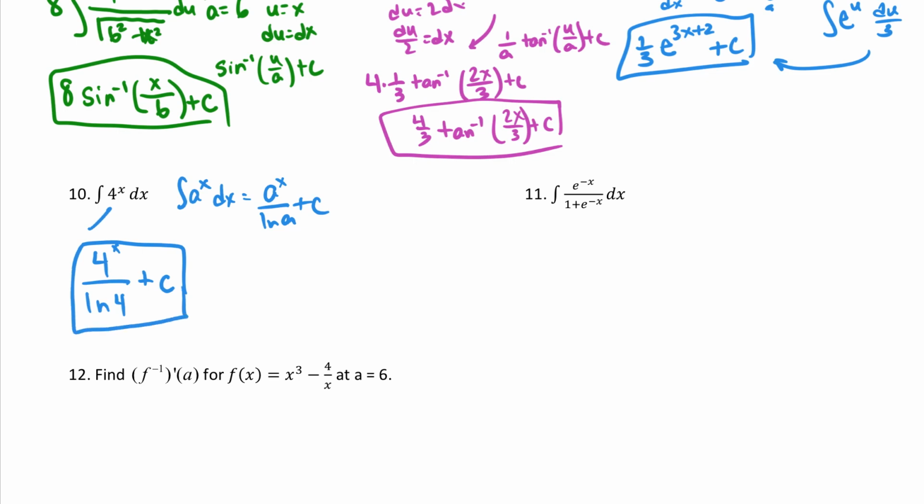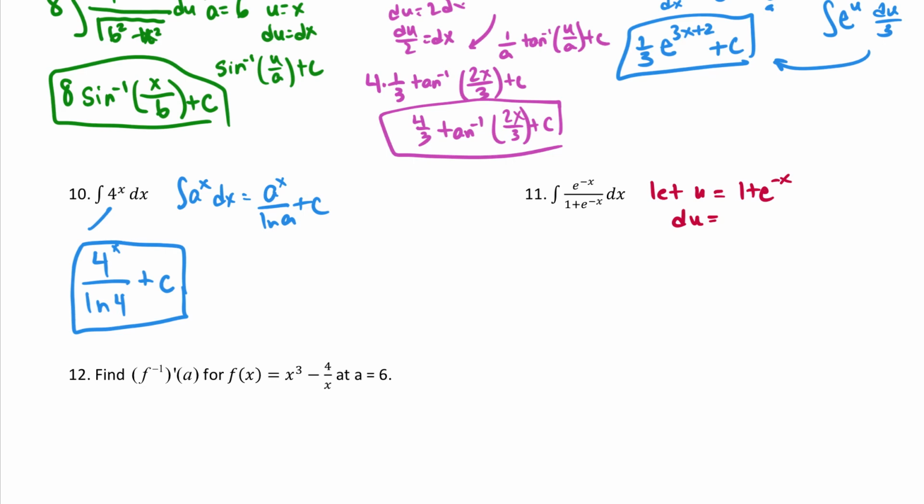All right, on to that next one, which we have this integral of e to the x, and let's see what we could do with this. Let's go ahead and do substitution rule on this. So I'm going to let u equal my 1 plus e to the negative x. That's the substitution rule I have chosen to do on this one.